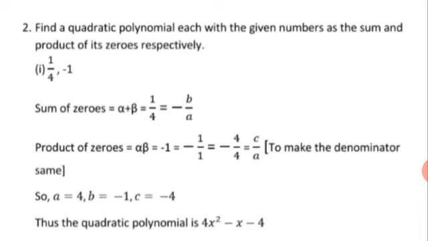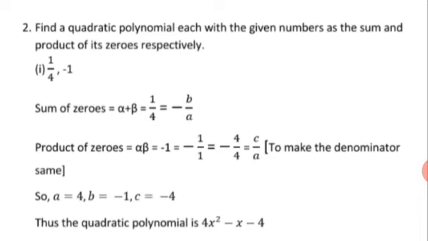Then only I'll be saying that a is actually equal to 4. So what I am going to do is write minus 1 upon 1 as minus 4 upon 4. Again it is mathematically correct. My aim was having a equal in both the statements. That is how you have to make the changes.